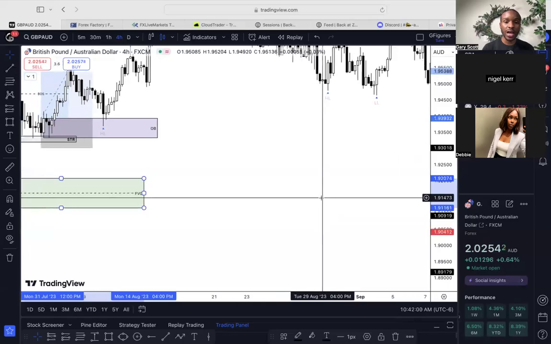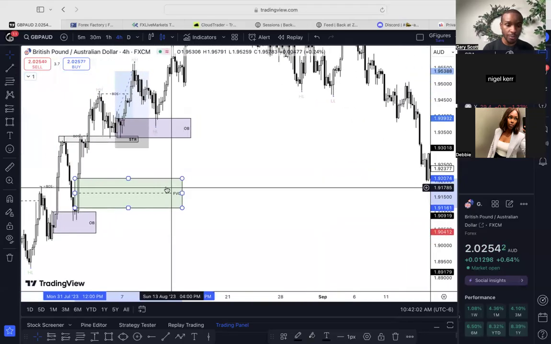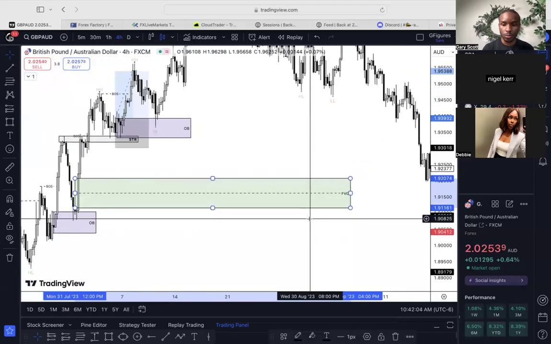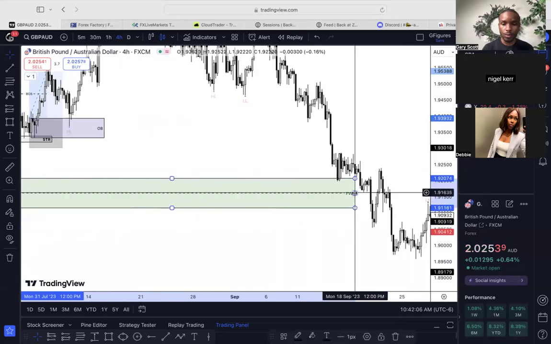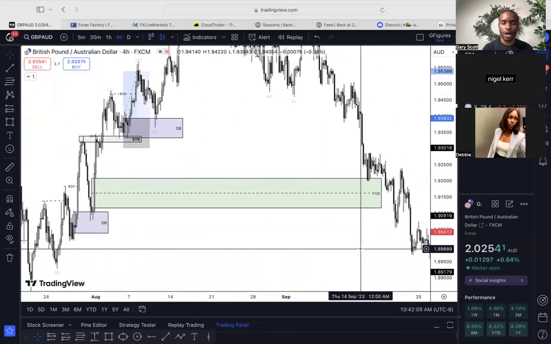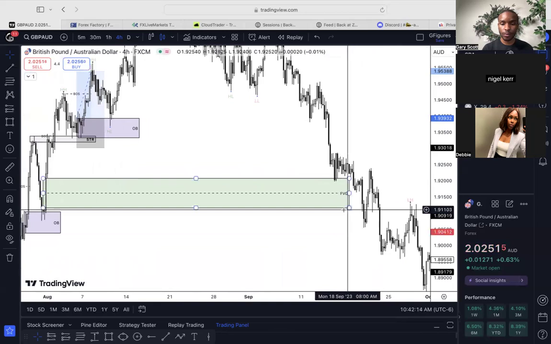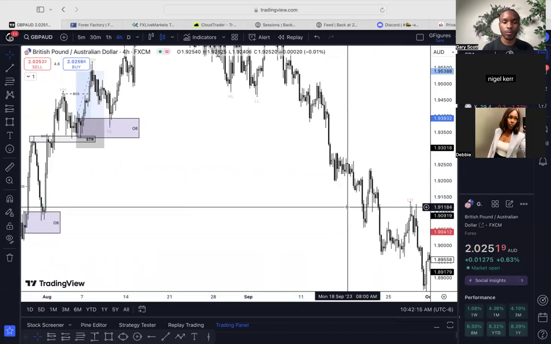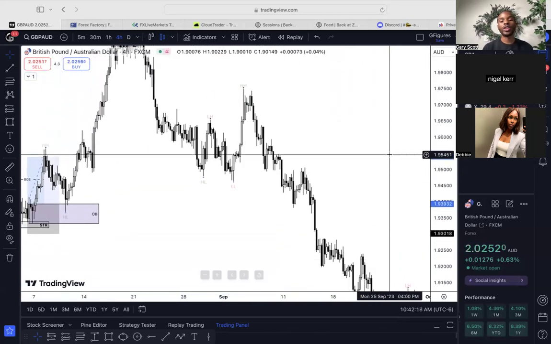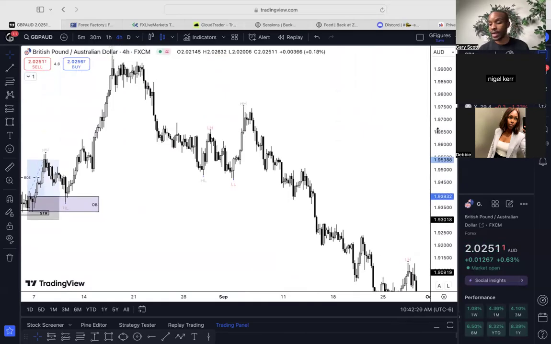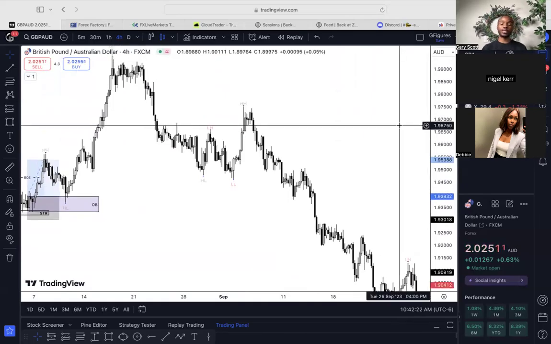So when price decides to transition and change its trend, look where it comes right back to. It comes right back to that fair value gap level that has not been filled. With that being said, that's simply how the market operates.